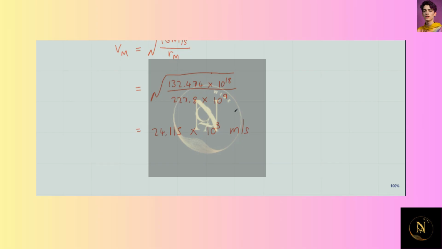So we want to calculate the increase in speed required at point B. So the speed increase that is required at point B, we'll call it delta V at point B, is equal to the speed of Mars minus the speed at B. And this is equal to 24.115 times 10 to the power 3.